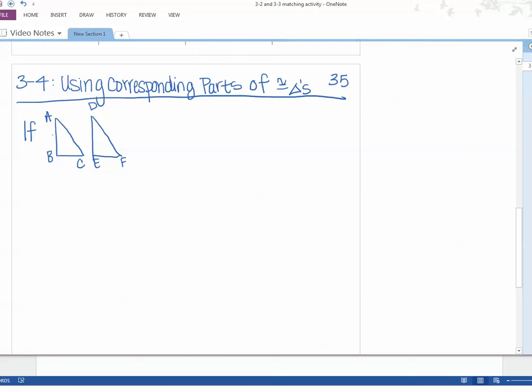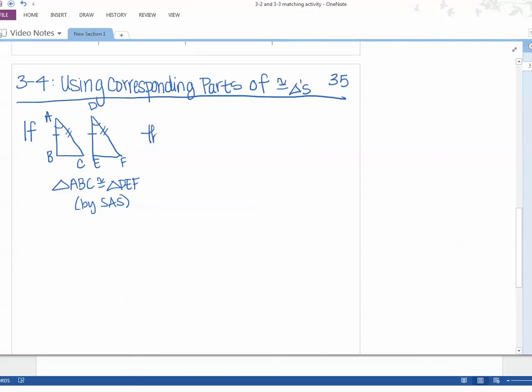And let's say that we know that this is congruent to that, and that's congruent to that, and that this angle is congruent to that angle. So that would be congruent by side, angle, side, right? So we have triangle ABC congruent to triangle DEF, in this case by side, angle, side. Well then we can prove other things.